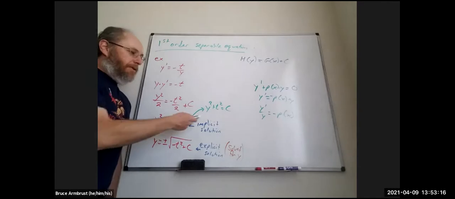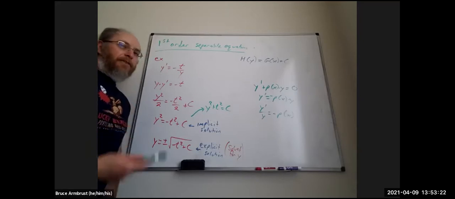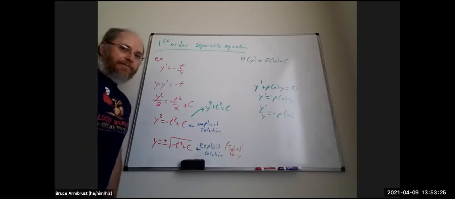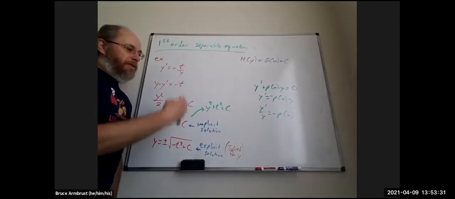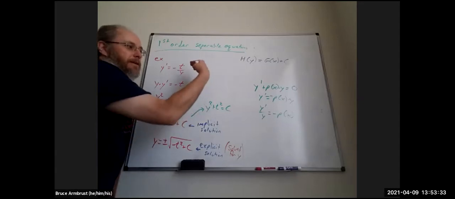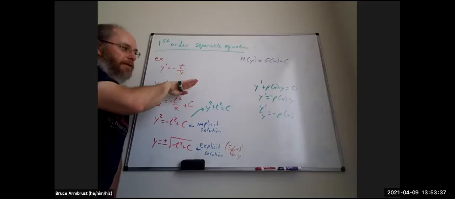But sometimes in the implicit form, it actually tells you a little bit more about what the solutions are. So think about what the slope field is going to have to look like. If we're going to get circles, that means that in the first quadrant, all those slopes are going to be pointing this way, or in the second quadrant, they're going to be pointing positive slope.